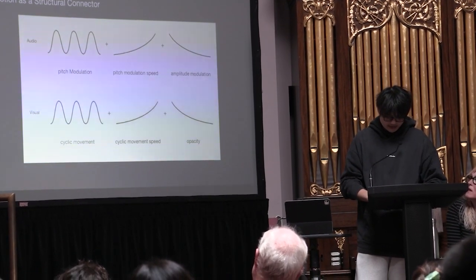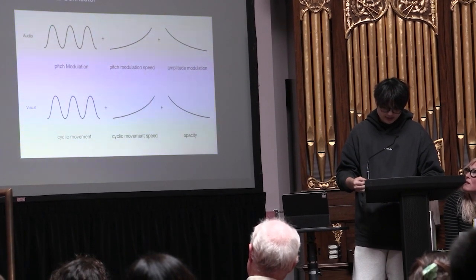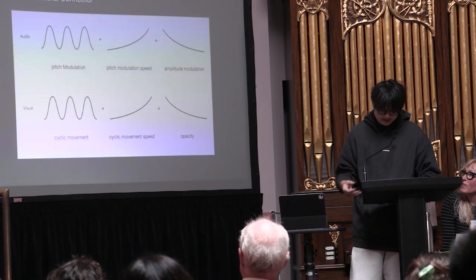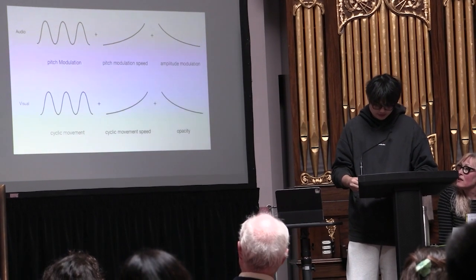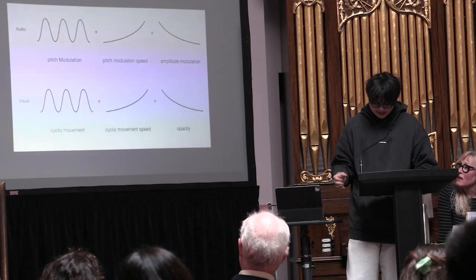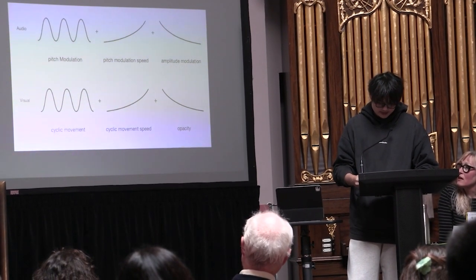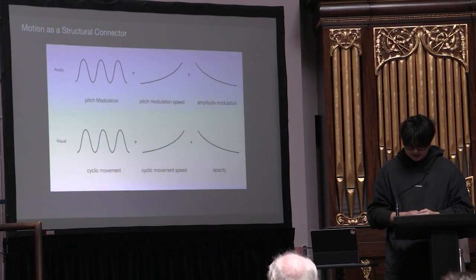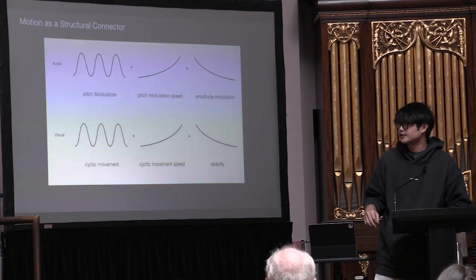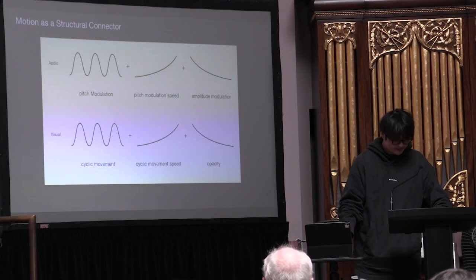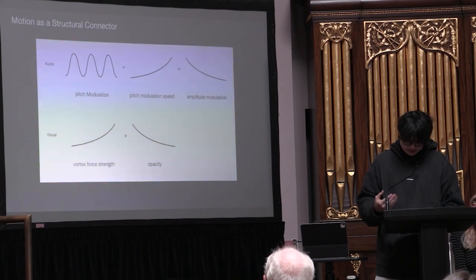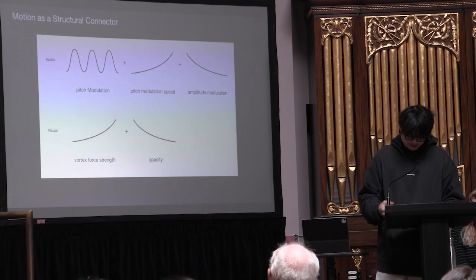And a synth motion envelope could increase the oscillation speed of sound while simultaneously accelerating the cyclic movement speed of visuals over time. Similarly, a descent motion envelope might gradually attenuate sound amplitude and visual opacity, providing a unified fade-out. And notably, this structural mapping doesn't require an identical number of motion envelopes in both mediums.